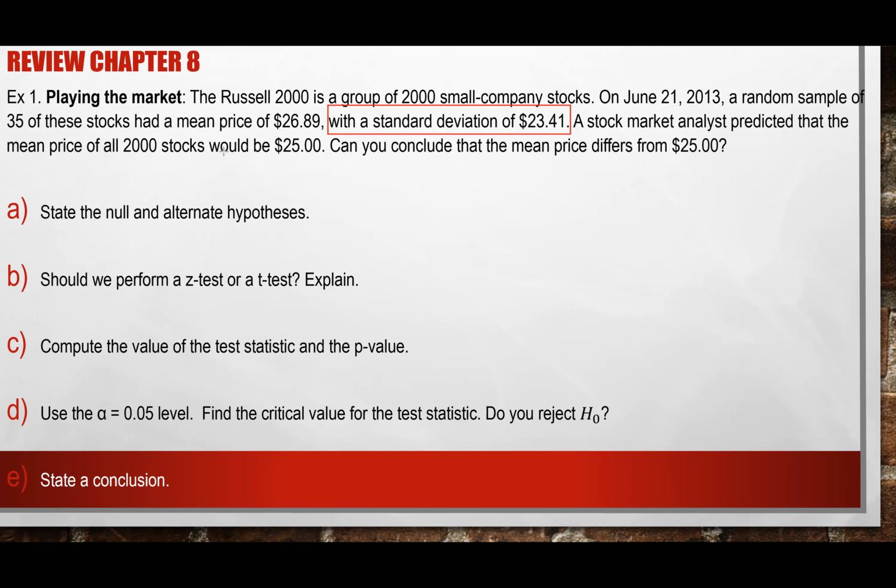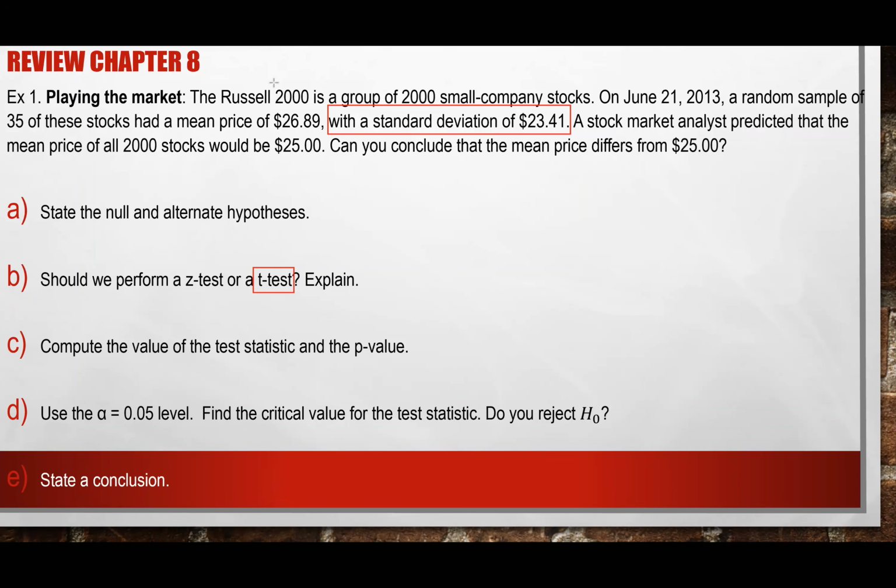If they don't spell it out for you, if they don't say with the population standard deviation, or if they don't give you that sigma symbol, which is the population standard deviation, then we are dealing with a sample standard deviation. And if we deal with a sample standard deviation, hopefully you will see that we are dealing with a t-test or t-interval in chapter 7.